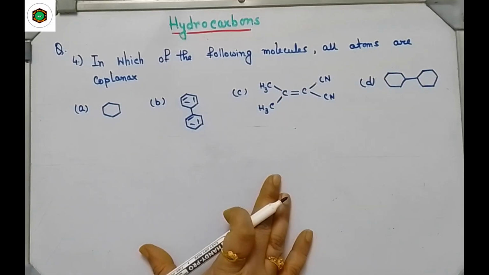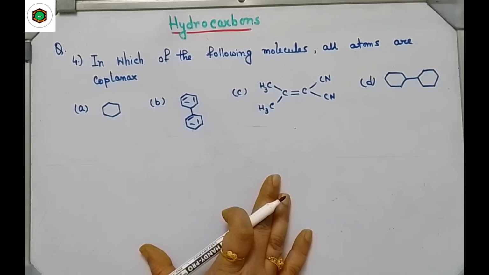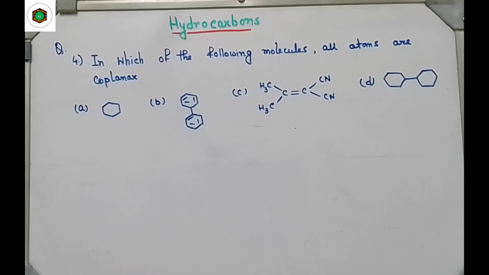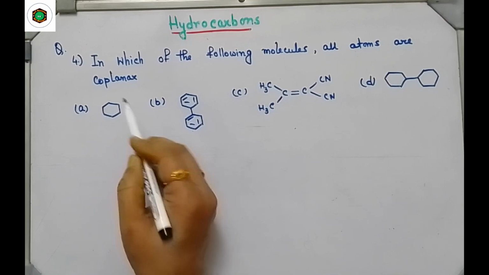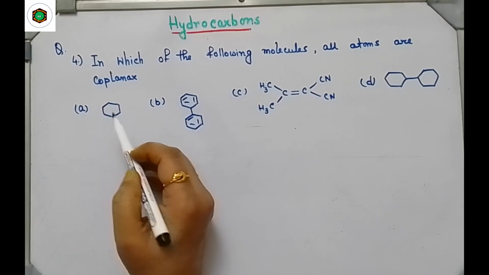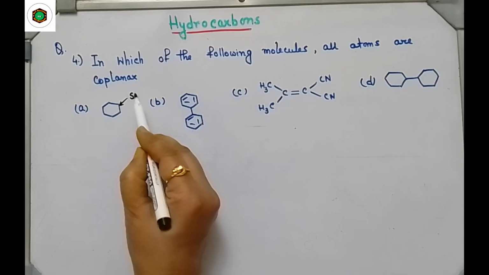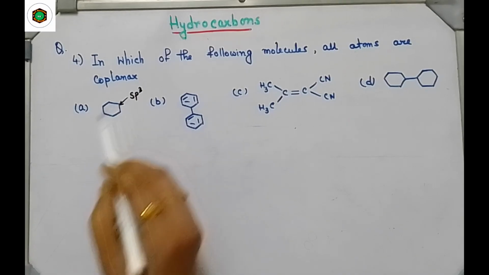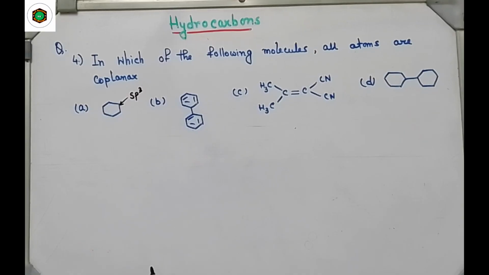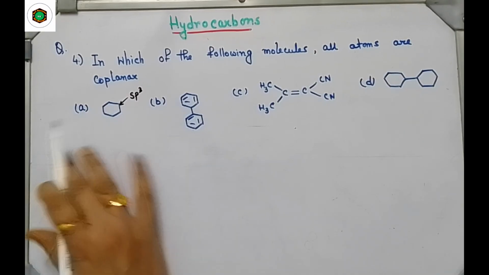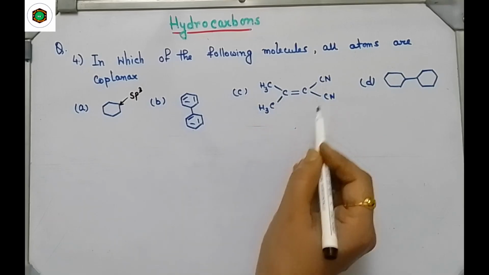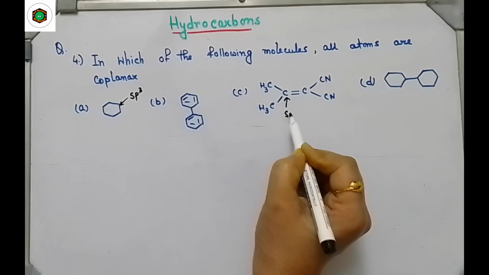Next question. In which of the following molecules are all atoms coplanar? Now see here, in this molecule, this cyclohexane, all the carbon atoms are sp3 hybridized. sp3 hybridized means each carbon is tetrahedral. Tetrahedral means coplanarity is not there. Now here this carbon is sp2.